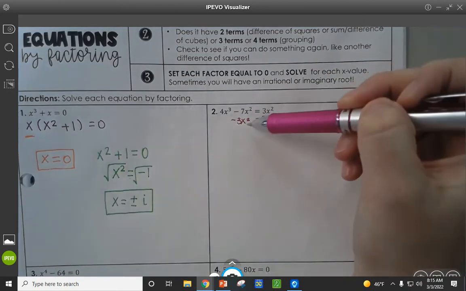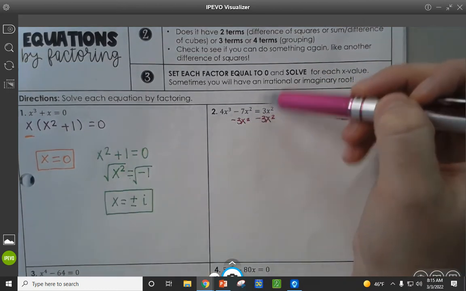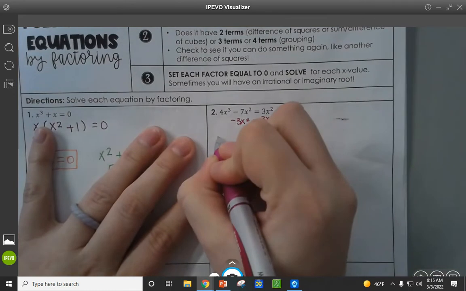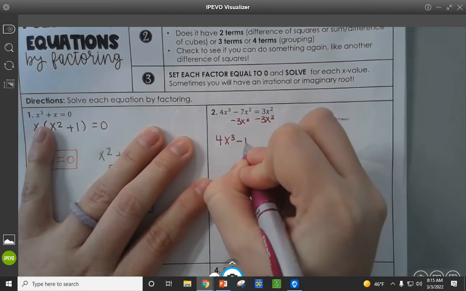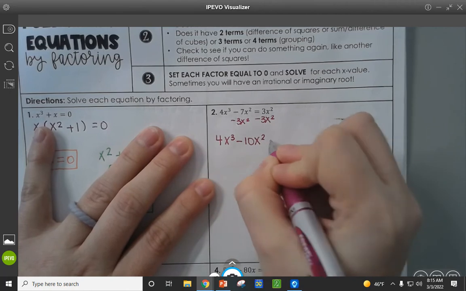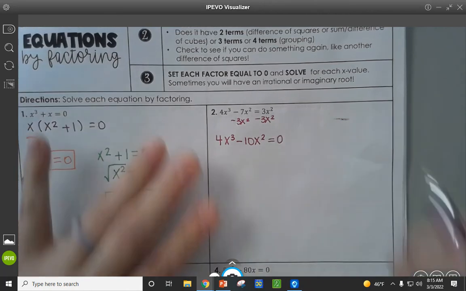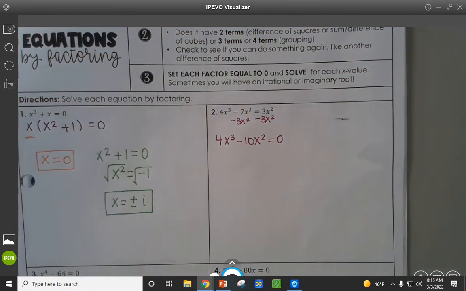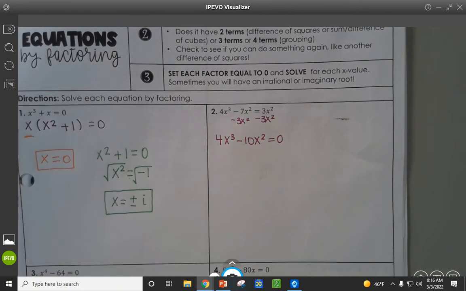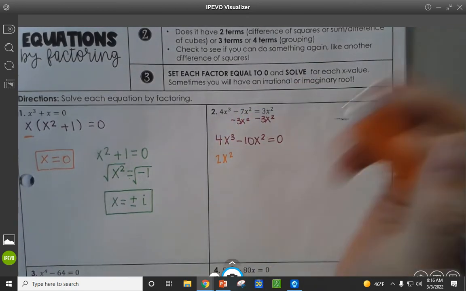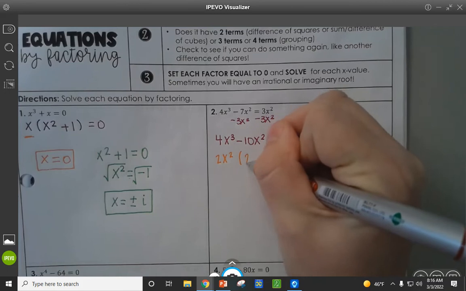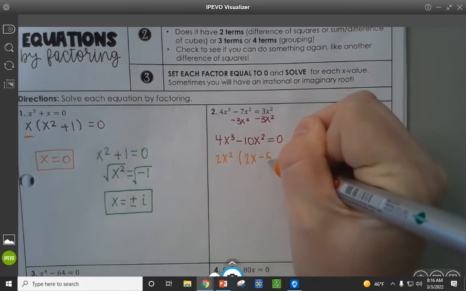And these are like terms, so I can just subtract those two, giving me 4x cubed minus 10x squared equals 0. Is there a GCF? 2x squared, leaving me with 2x minus 5.